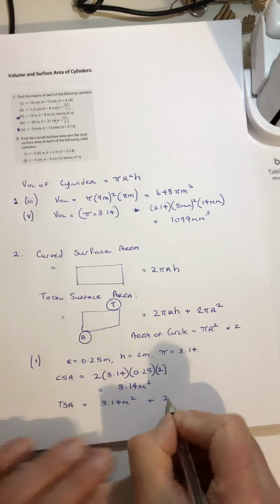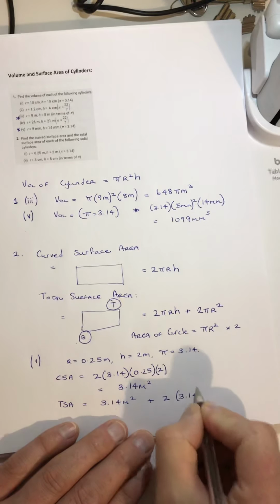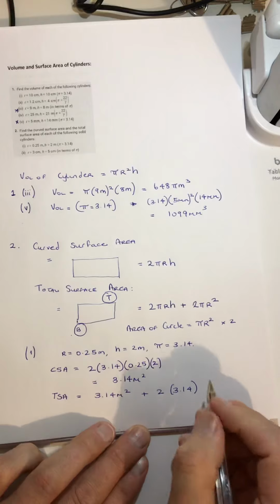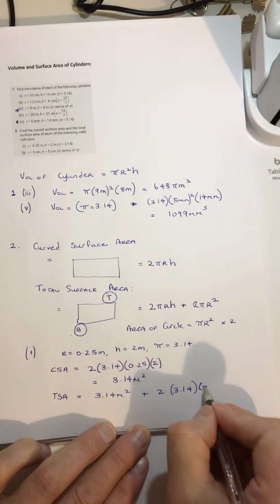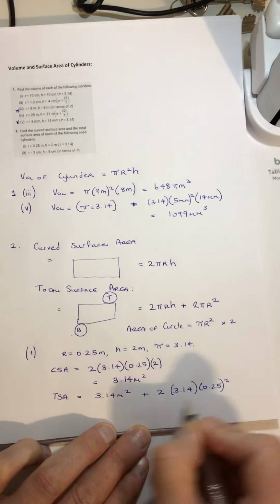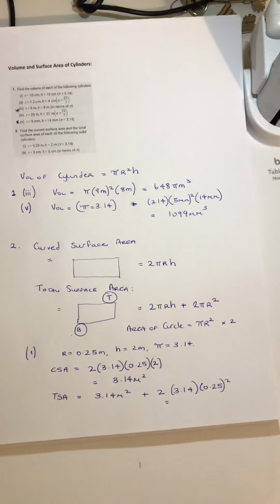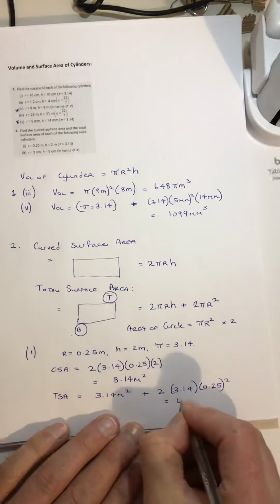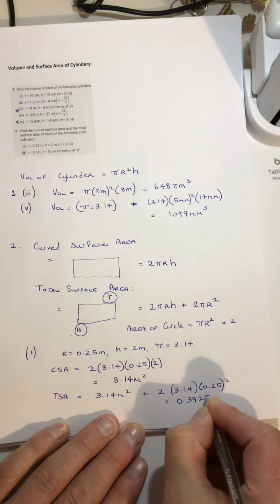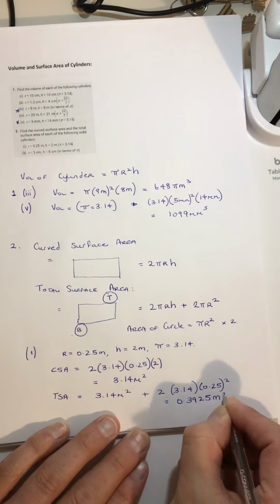plus 2 times 3.14, and we know the radius is equal to 0.25 squared. So 2 times 3.14, multiply that by 0.25 squared, gives us 0.3925 meters squared.